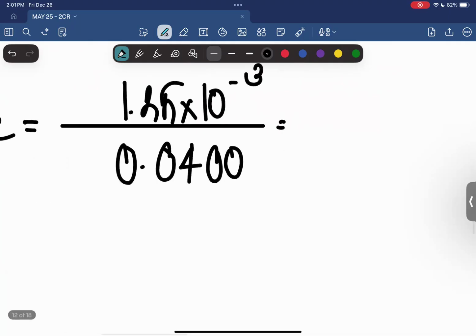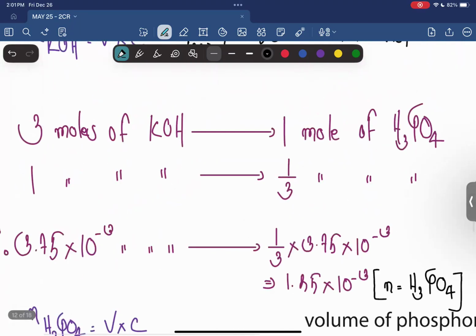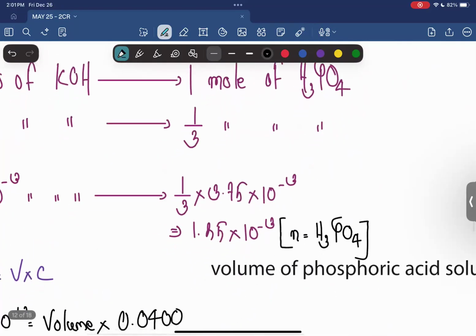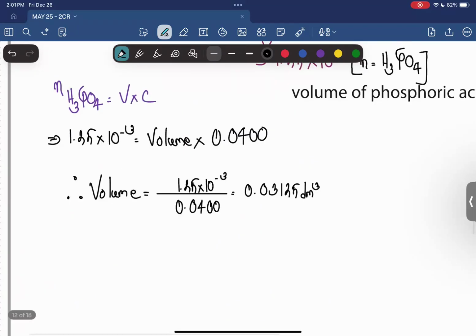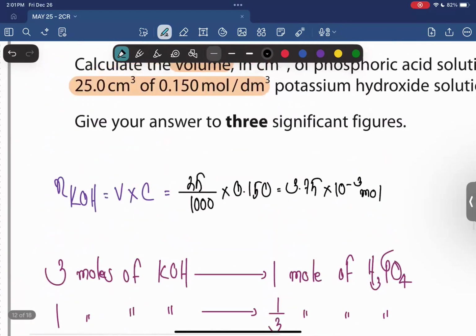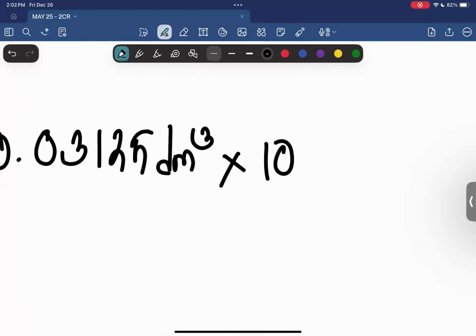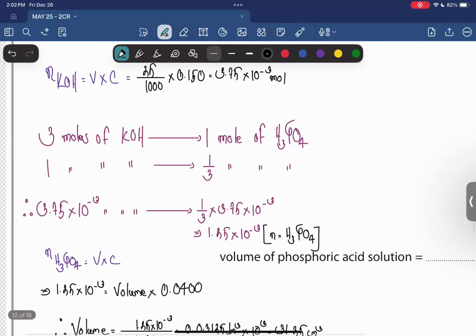Just a moment. Okay, now this is coming as 0.03125 dm cube, right? But the thing is that they have basically asked us to figure out this answer in cm cube, right? So to convert dm cube into cm cube, what you have to do is multiply this thing by 1000. Hence, this is coming as 31.25 centimeter cube, but in the question they have said three significant figures.